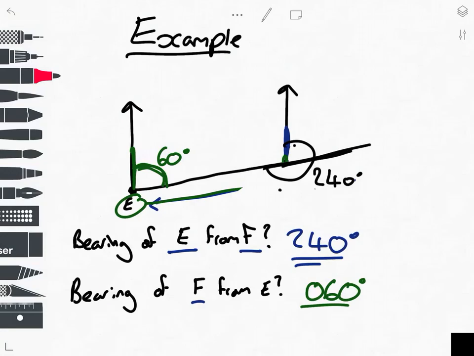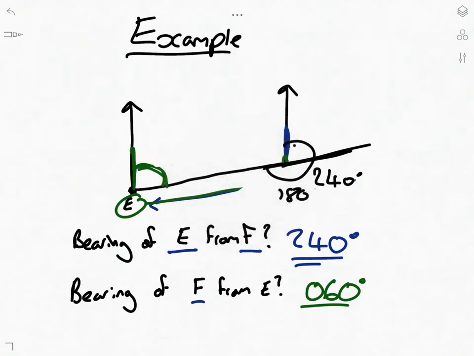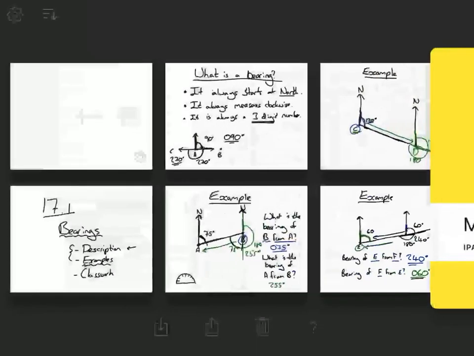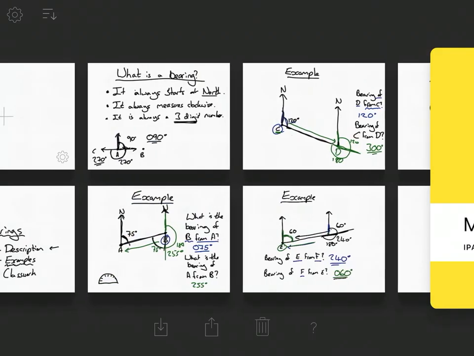So you could extend the line this way instead. Oh wait, sorry, I'll do that again quickly, because we didn't know this one yet. We'd have 180 is the straight line, and then what's left over is 60, so then that's corresponding to the 60 here, and again 3 digits. So that's all it is really.